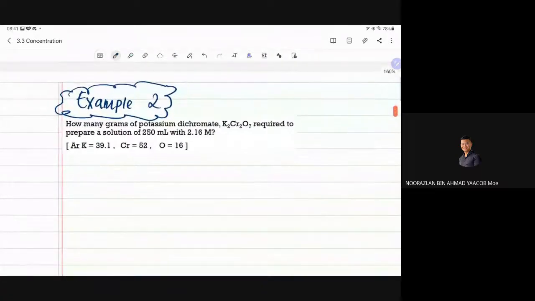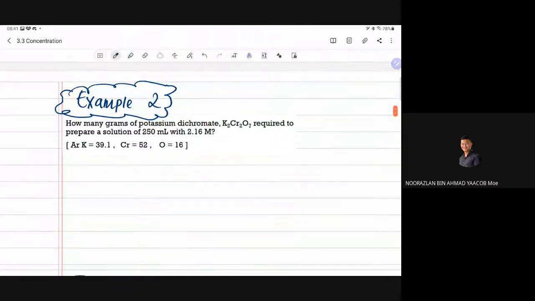So what we can do first here is we can find the number of mole. Okay, untuk cari mass dia kita kena ada mole dulu. We have molarity, we have the volume.